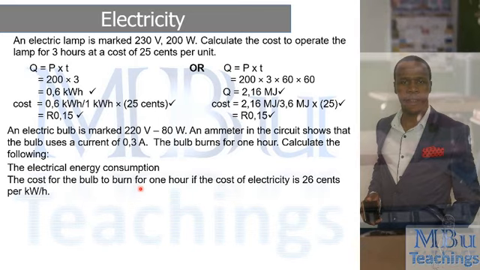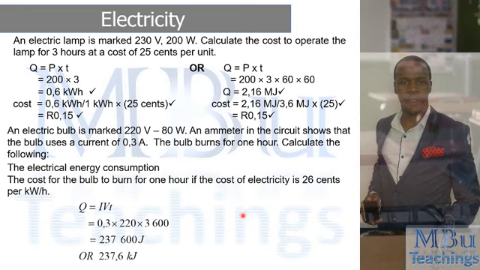for 1 hour, if the cost of electricity is 26 cents per kilowatt-hour. Okay, so this is what we have for the first question.